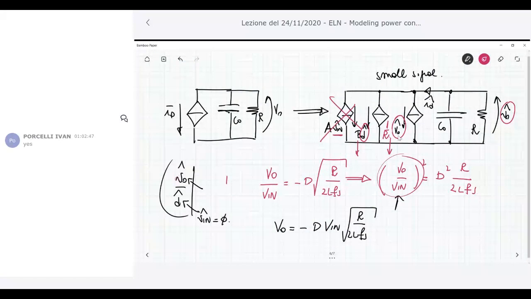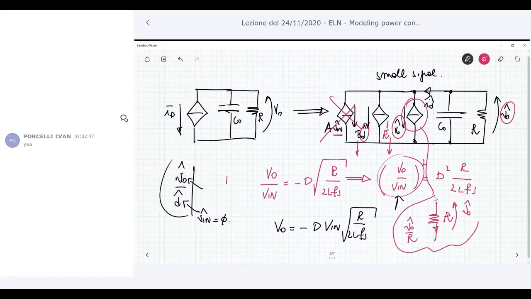So we can replace this current source by the component that has the same characteristic equation. And the component that has the same characteristic equation is a resistance. So you can replace this circuit here by a resistance R. Okay, because the resistance R has a current across it, which is exactly, this is V naught, and the current is V naught over R. So this component here acts exactly as my coefficient of the current, which is C.